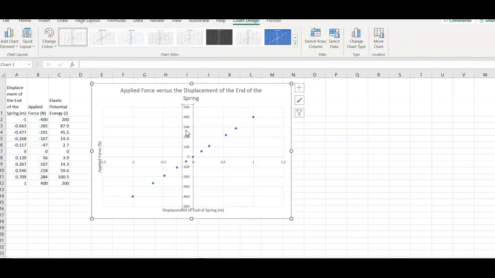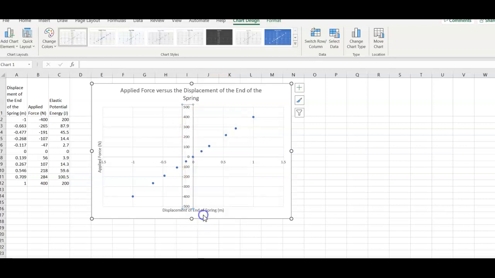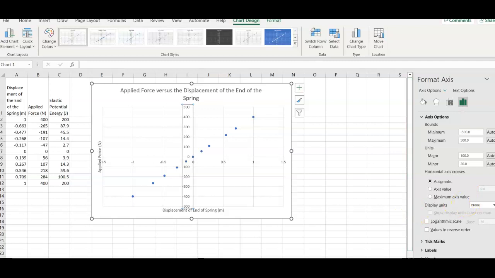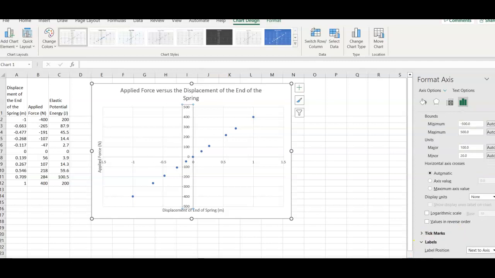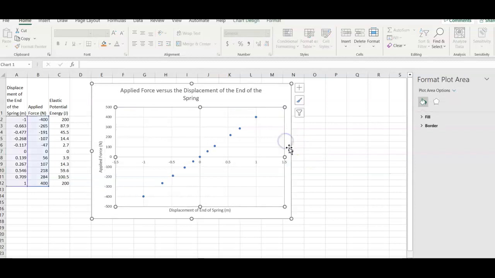You can click on one of these numbers for that vertical axis, do a right mouse click and say format the axis, and where it says labels, instead of saying next to the axis, you can say low, and that will move them over to the left. Okay, and so that just makes the graph maybe look a little bit nicer.